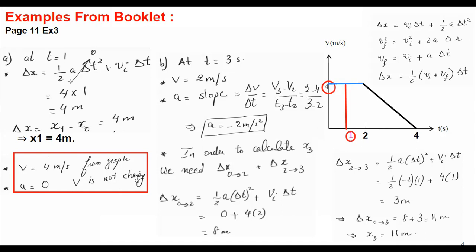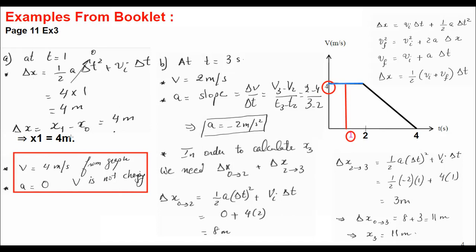The A is 0, so the first term disappears. Then V initial, or any V here because it's the same, is 4, times delta T, which is 1 because it's from 0 to 1. And I get that delta X is 4 meters. Did they say it starts from rest? Sorry, no, it started at t equals 0, x equals 0.